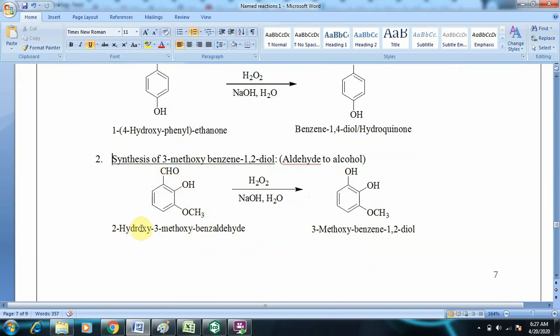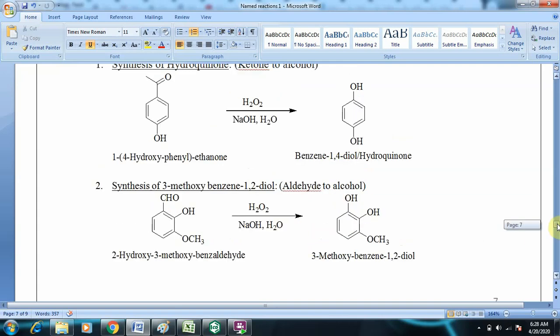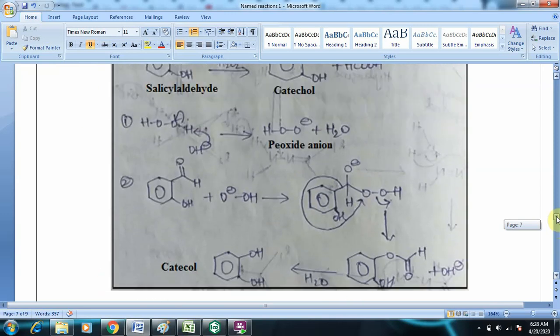So this is 2-hydroxy 3-methoxy benzaldehyde in the same Dakin reaction conditions, H2O2, sodium hydroxide and H2O. So here the aldehyde group will be converted to hydroxy group, that is phenolic group. So the product is 3-methoxy benzene 1,2-diol. So this is Dakin reaction.